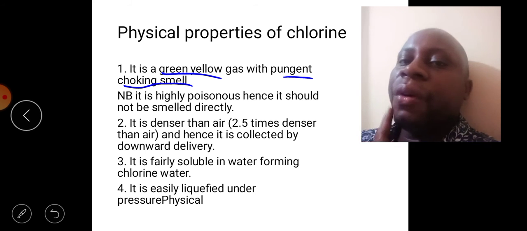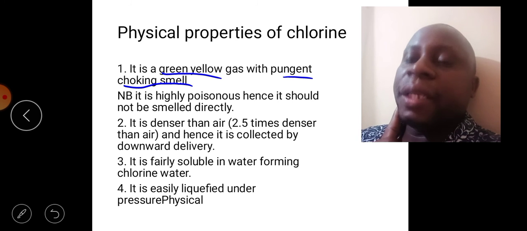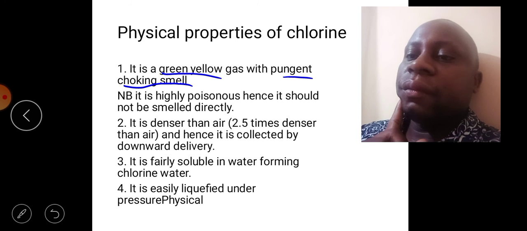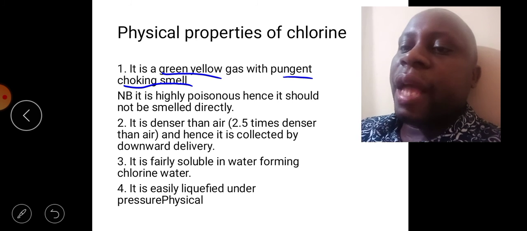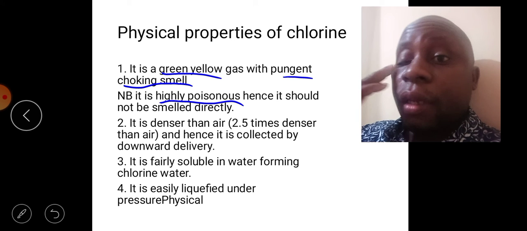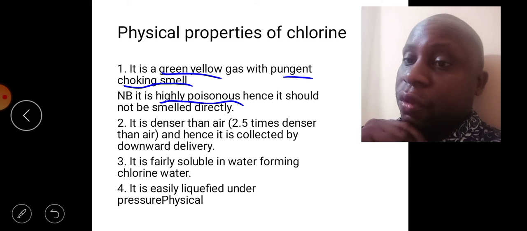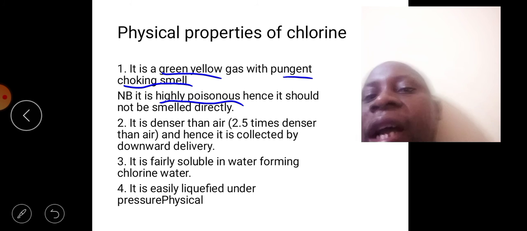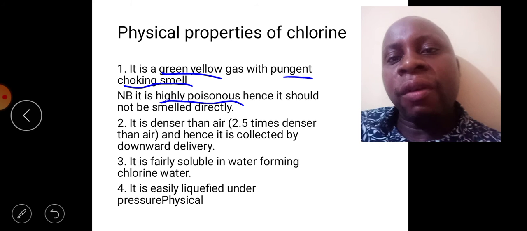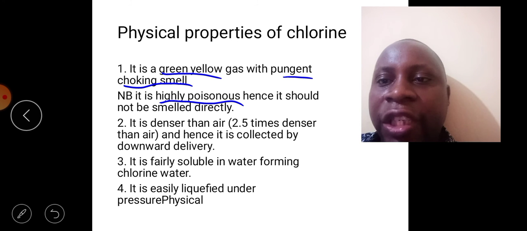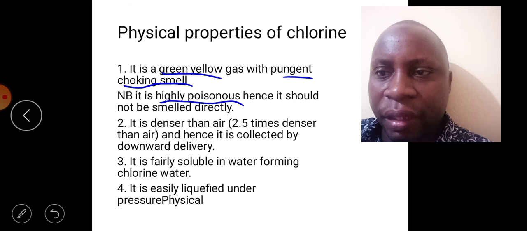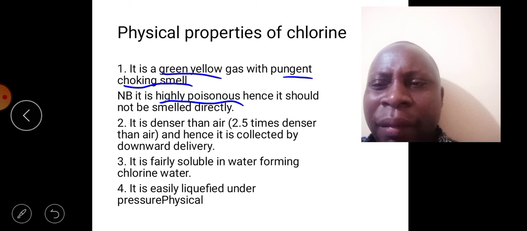However, you are not supposed to smell that gas. Reason? The gas is highly poisonous. Remember, all halogens, all vapors of halogens are poisonous. Therefore, you are not supposed to smell such gases.